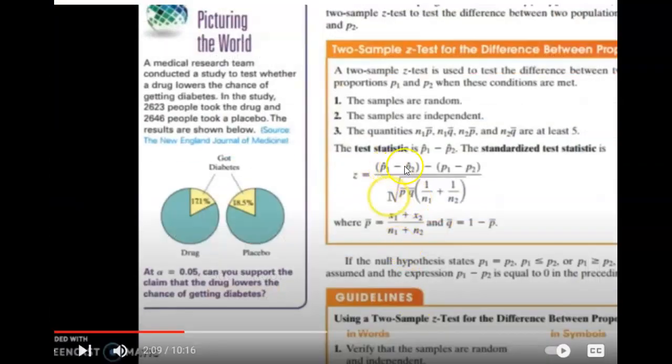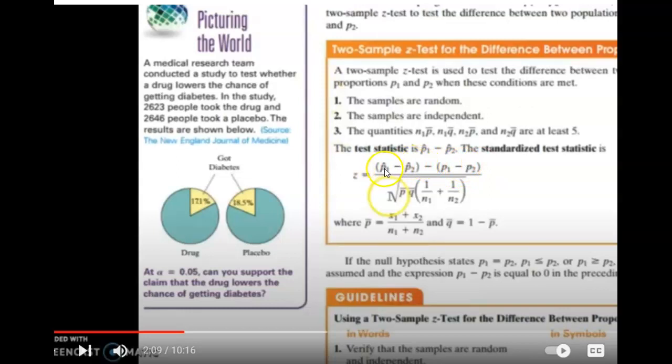On top, this second part on top, we're always assuming it's 0. The actual proportions we're assuming for the populations are equal. That's what we're testing: are they different? Are they not equal? So if we assume they're equal, do we have evidence to prove that they're not? So P1 minus P2 is 0, because if they were equal and you subtract two equal numbers, you get 0.